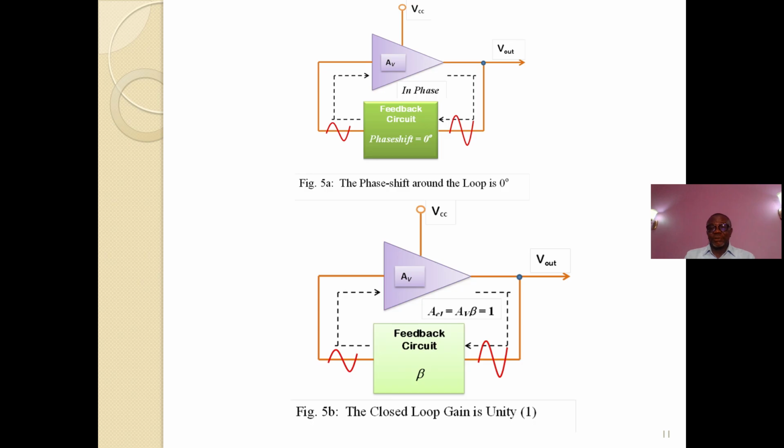So for oscillation to be sustained, the closed loop gain, which is the gain of the amplifier, AV, multiplied by the attenuation, beta, must be equal to 1. So these are the two conditions: no net phase shift, the phase shift must be equal to 0 degrees, whereas the closed loop gain must be equal to unity.